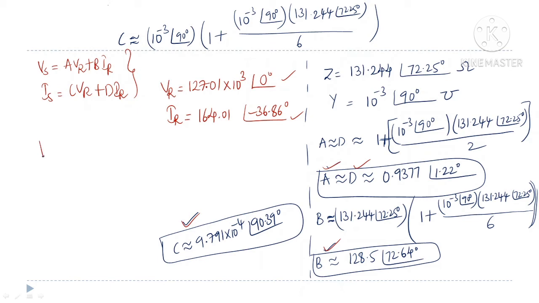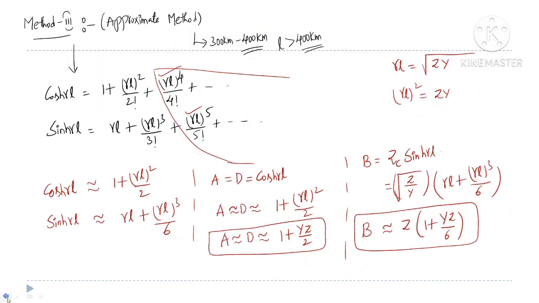Let me write here, Vs value as 136.9 kilovolts at an angle 6.22 degrees and Is as 128.9 amperes at an angle 15.63 degrees. So these are the values of Vs and Is which you will get by applying the approximate method.